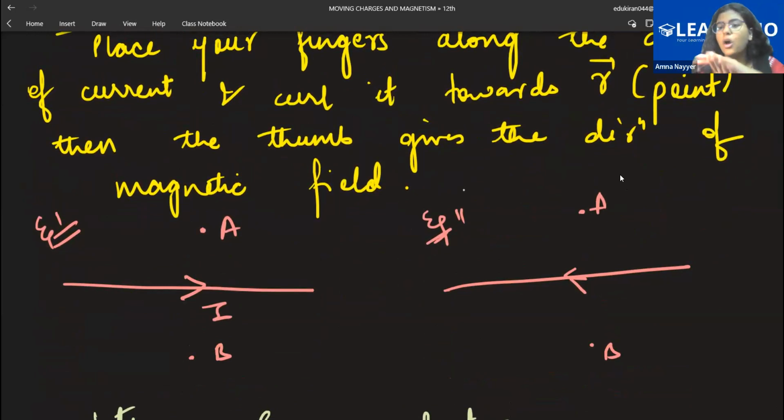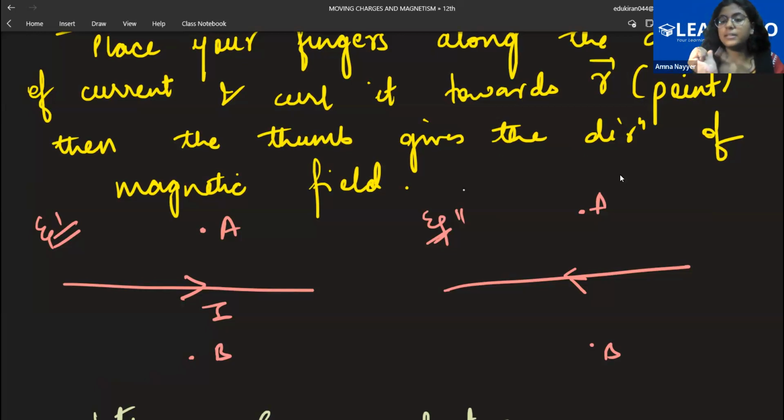Put all your fingers towards the direction of current, like this is the direction of current in the first example, and then curl the fingers towards the point. Suppose I'm calculating A point, so A point is above. I will curl it.